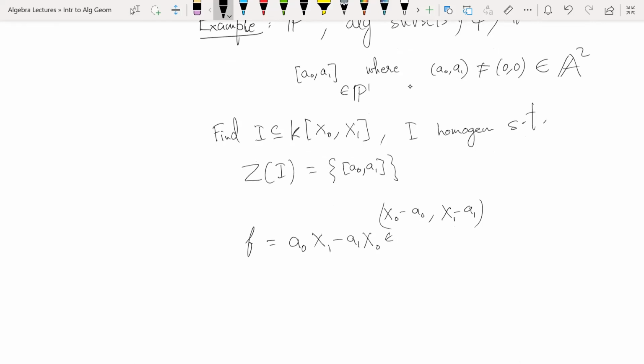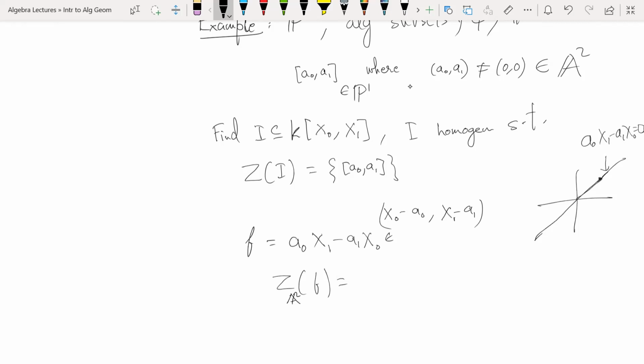And Z of f, if you are looking at it in A2, is the line which connects the origin and (a naught, a1), given by a naught x1 minus a1 x naught equals 0.